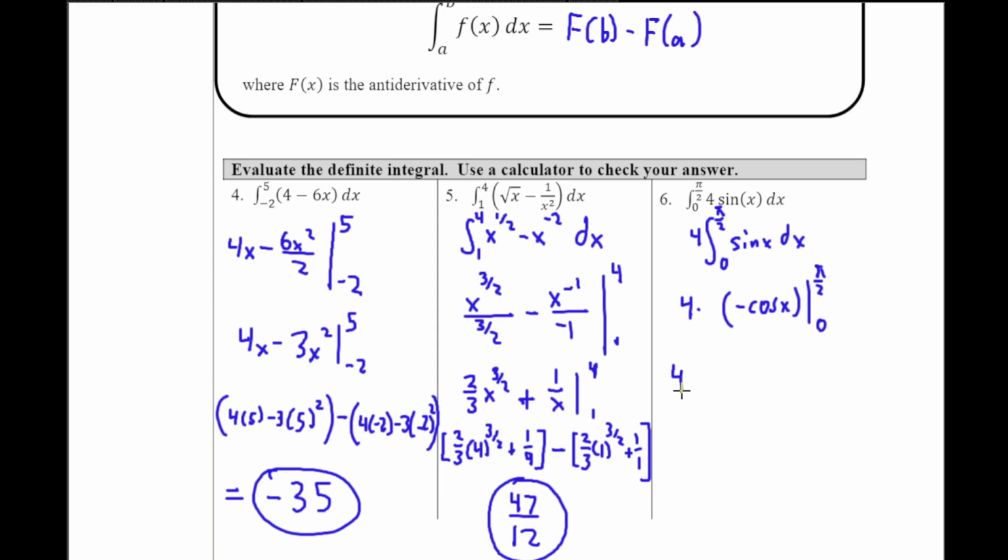With the 4 on the outside, we plug pi over 2 into negative cosine x, so it's negative cosine pi over 2, and then we subtract, in parentheses, negative cosine of 0. That ends up equaling 4.